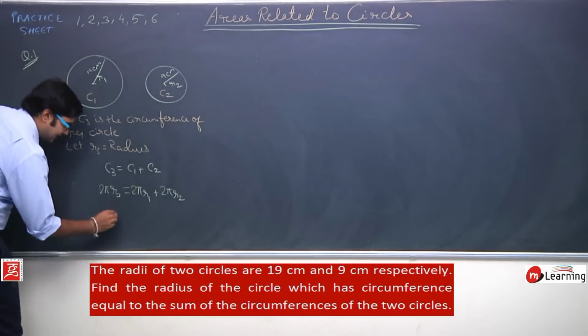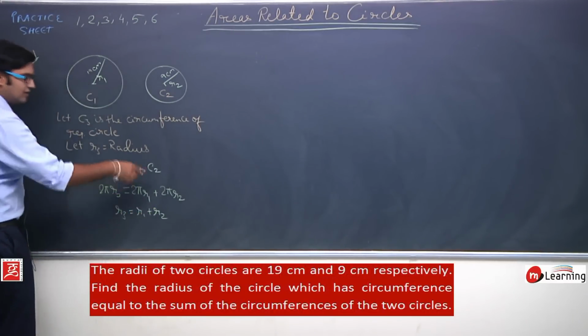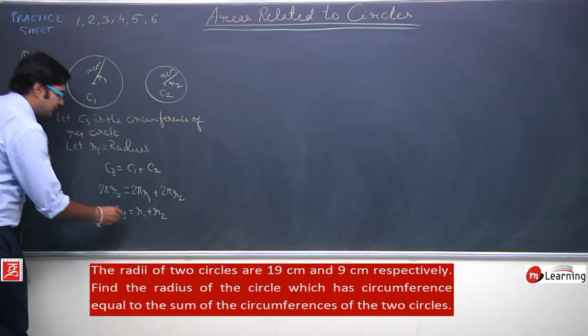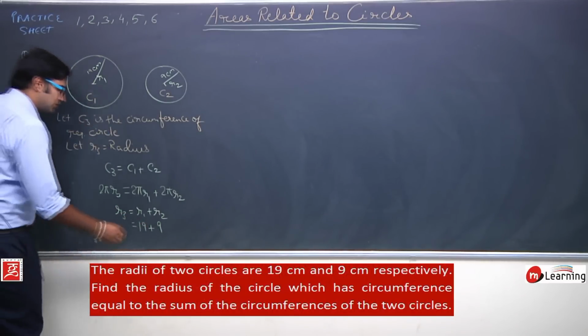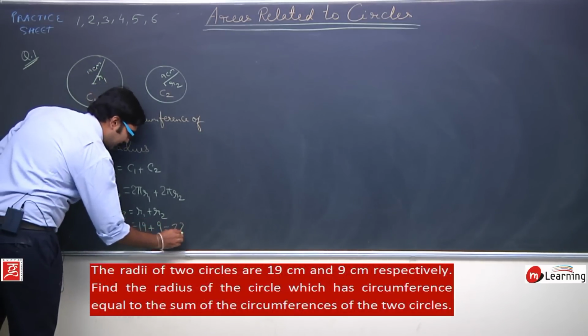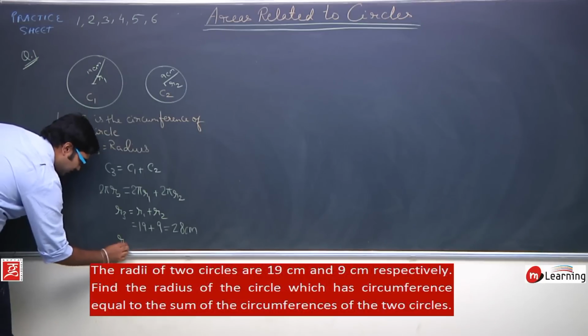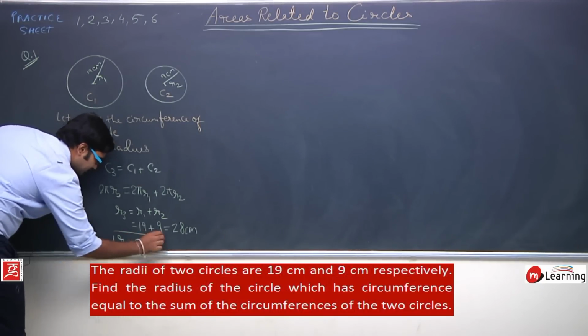So from this I can write R3 is equal to R1 plus R2. Simply I have cancelled 2 pi from both sides, and R1 is equal to 19 and R2 is equal to 9. So this will give you 28 centimeters. So the radius of the required circle is 28 centimeters.